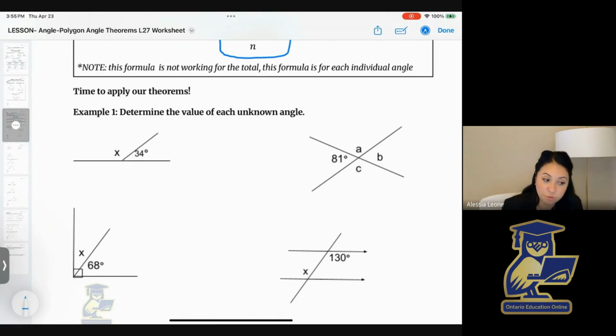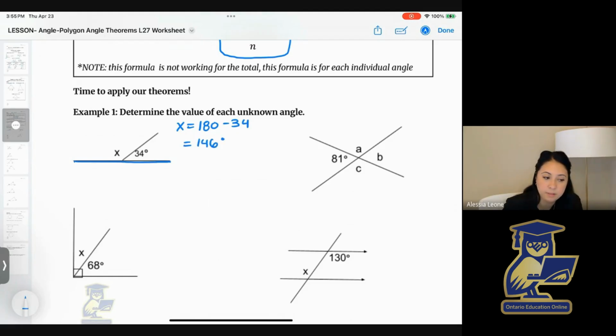Here we know this is a straight flat line. We know all angles on a straight flat line equal 180 degrees. To find x, we're going to do 180 minus 34.